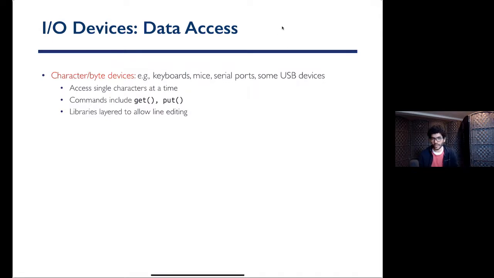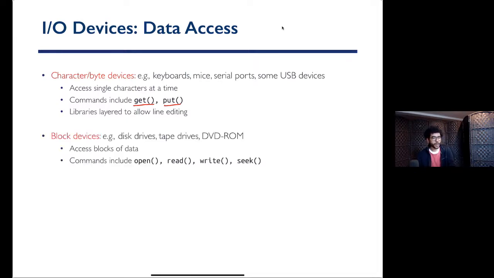These are byte addressable. So they communicate byte by byte. Now for these, usually the commands that we use are get and put. So if you want to write, you use put. If you want to read, you use get. And this works with a single byte.